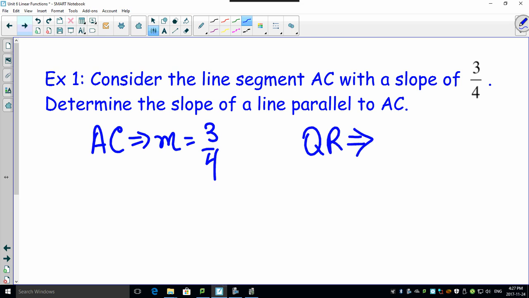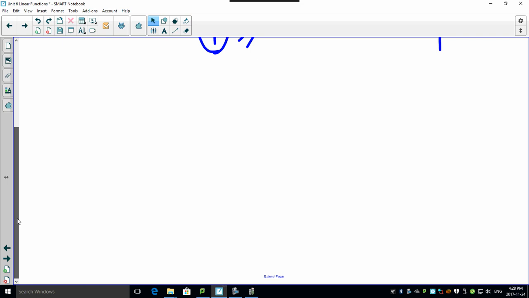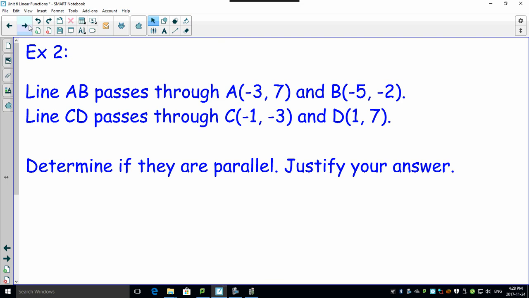What would the slope of this line be? Well, if they're going to be parallel, and that's the symbol for parallel lines, two little dashes like that, they have to have the same slope. So the slope of this guy would also be 3/4. Yippee skippy. Question's done. That's how nice parallel slopes are.